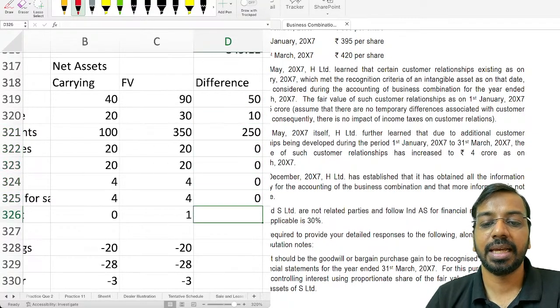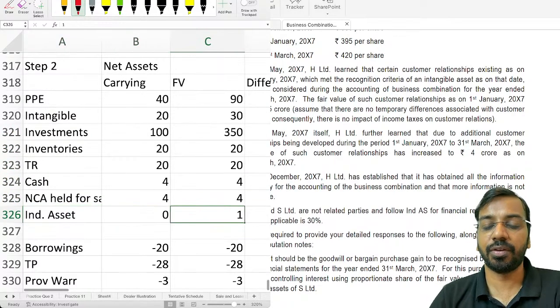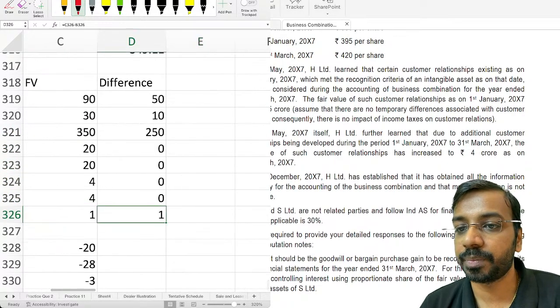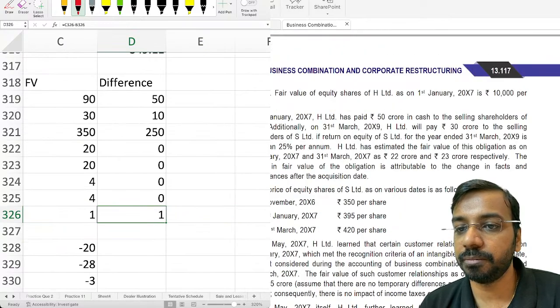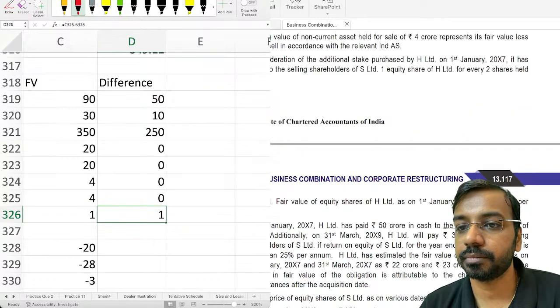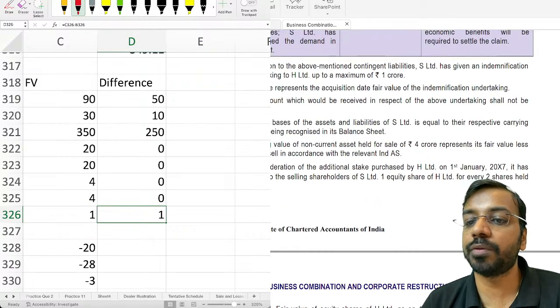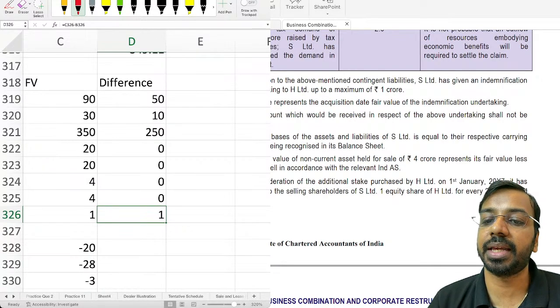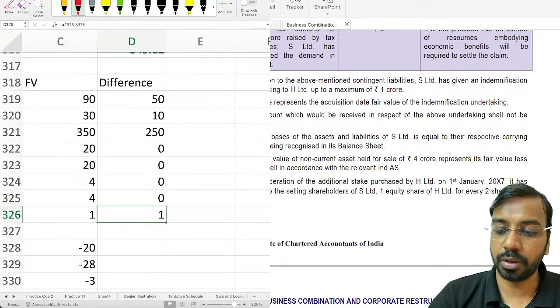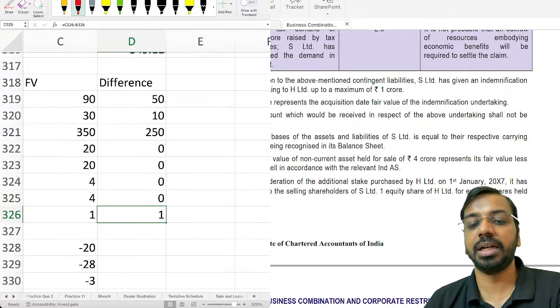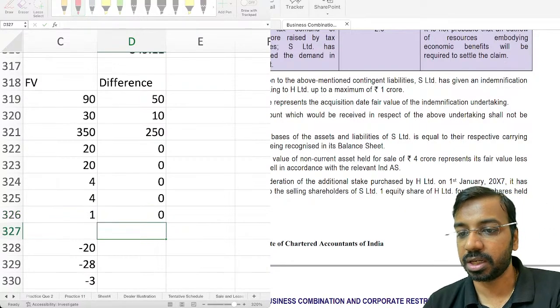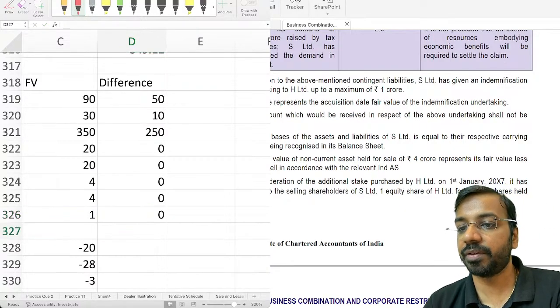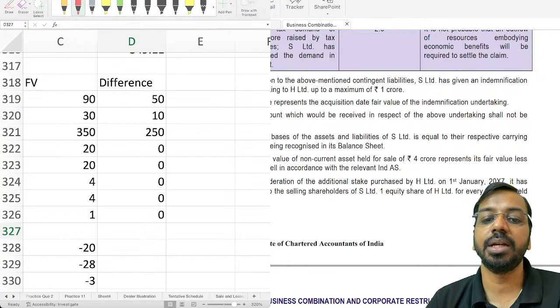Now this indemnification asset is giving a difference of 1, but if you look at the question, any amount which would be received in respect of the above undertaking shall not be taxable. So because this will not be taxable, the indemnification asset related difference will be 0.